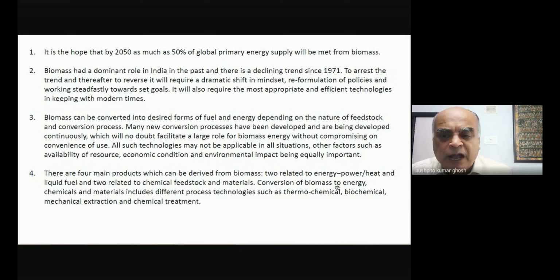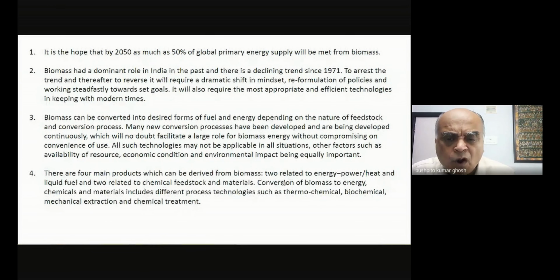Conversion of biomass to energy, chemicals, and materials includes different process technologies, which we are going to discuss subsequently. They could be thermochemical techniques, biochemical techniques, mechanical techniques such as mechanical extraction, or simple chemical treatments, not thermochemical but chemical.